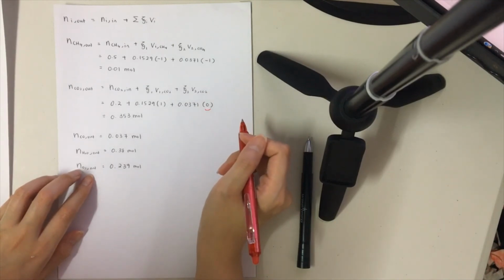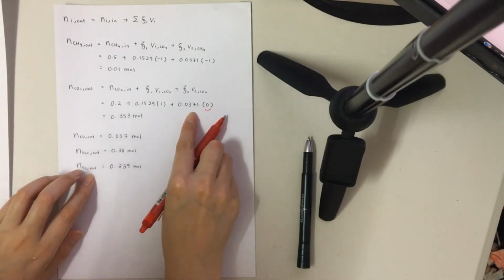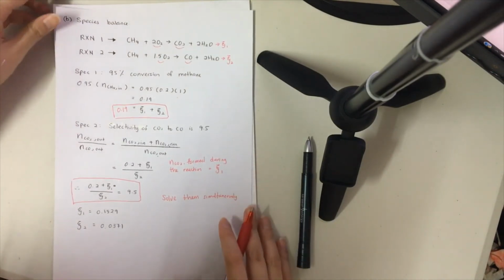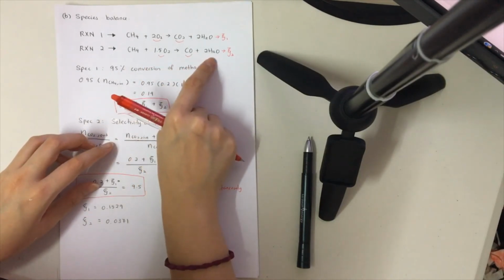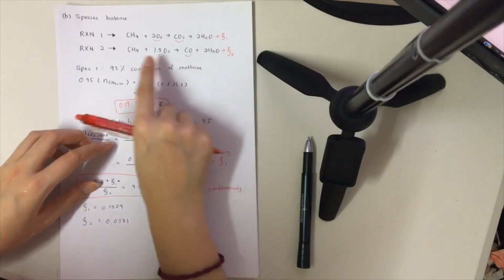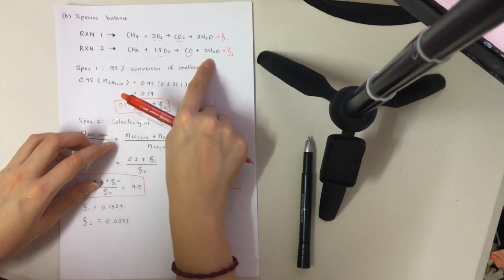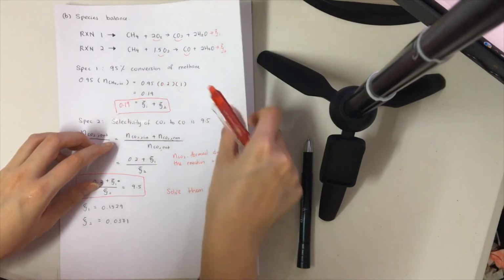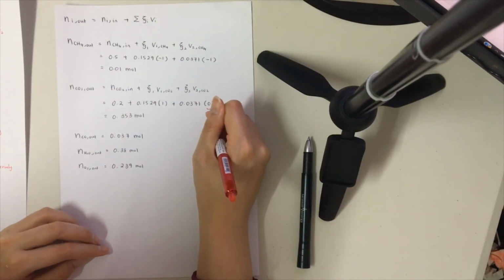But notice that the stoichiometric number for reaction 2 is 0. Why? That is because you do not see any CO2 in reaction number 2. When you do not see the compound or component in any particular reaction, you set the stoichiometric number to 0.